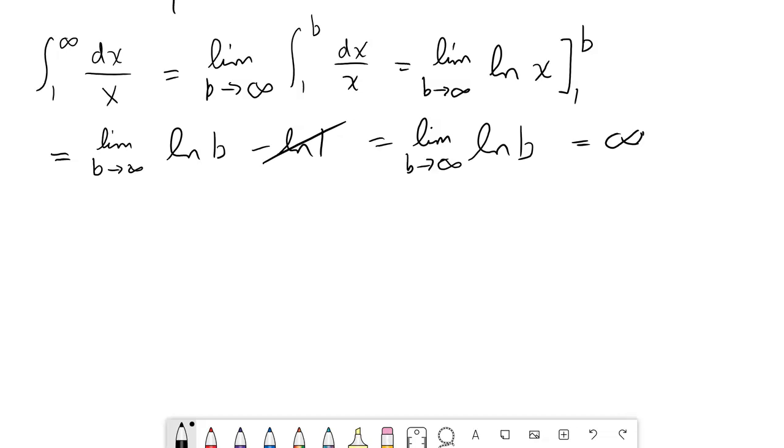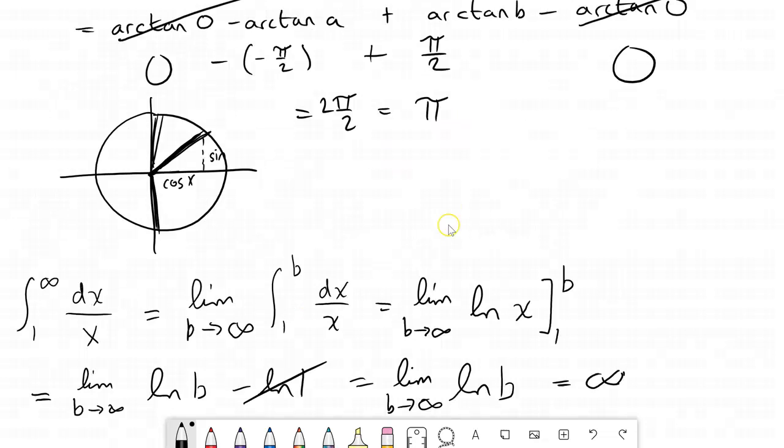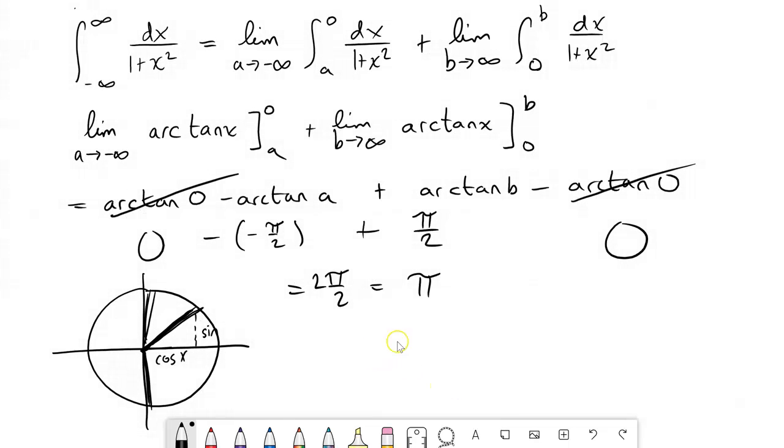Notice that we can actually have infinite area under a curve because of this infinite bound. We give these a special name. If they go to infinity or negative infinity, we say they diverge, or the improper integral itself diverges. Otherwise, if it's a number, like the arctangent example where it goes to pi, it converges to pi is what we call it.